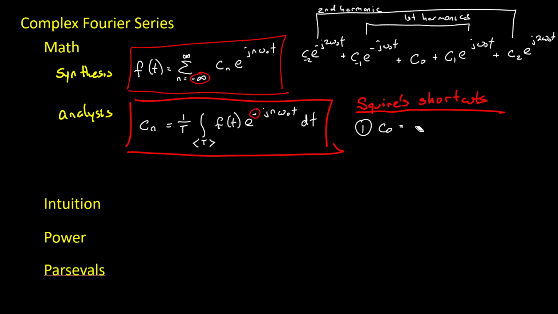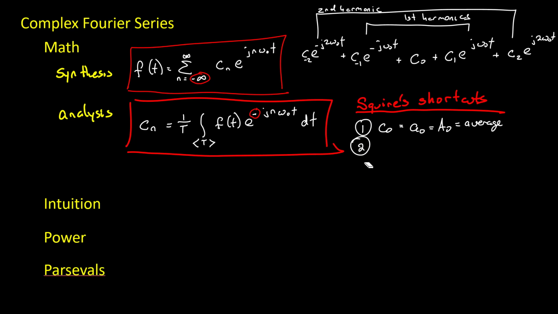That's the exact same as little a sub naught, capital A sub naught. It's the same thing as the average value, and you can usually find it just by inspection. It's easy to understand why this is true, because if we set n to 0 here, this whole exponential collapses down to 1, and we're just left with the definition of the average value.